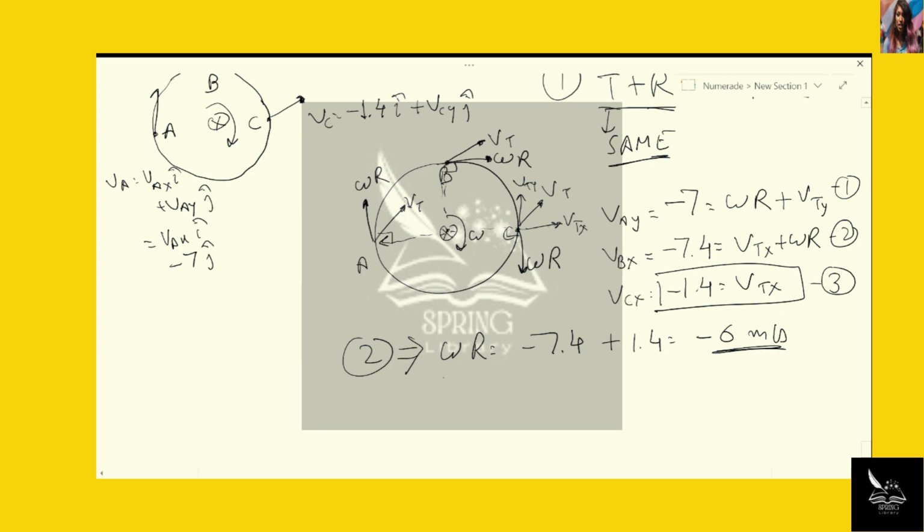So this is omega r, and the radius is 600 millimeters. So we can figure out omega. So omega is going to be minus 6 meters per second, and radius is 600 millimeters, which will be 0.6 meters. So this will become minus 10 radians per second.